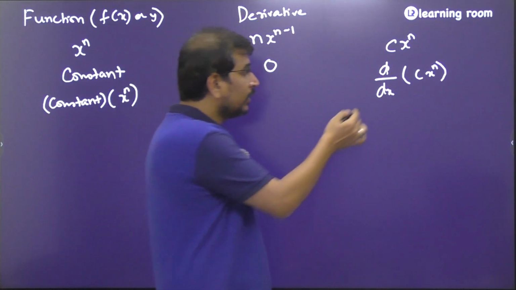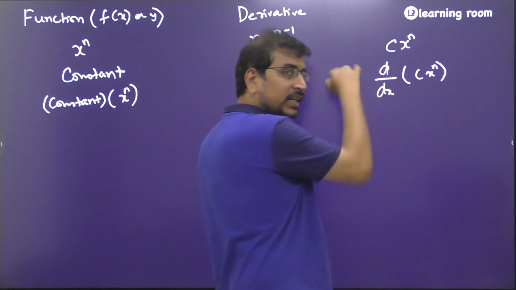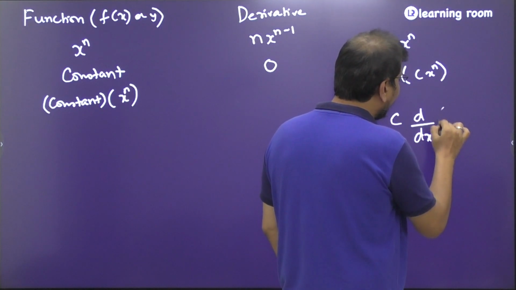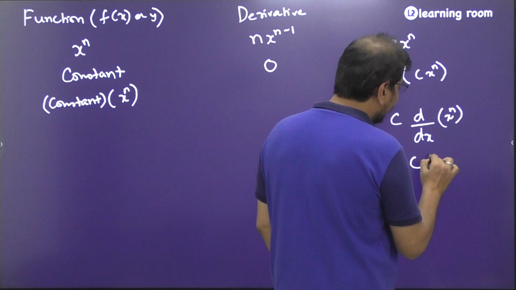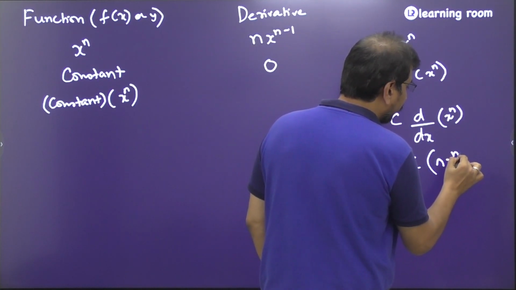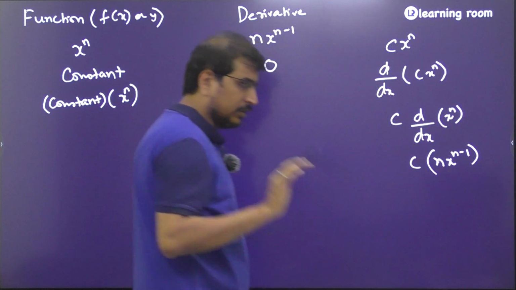Whenever it's a multiplication factor, you take the constant outside, and you write it as d by dx of x power n. So the answer will be c into, use this expression, n into x power n minus 1.